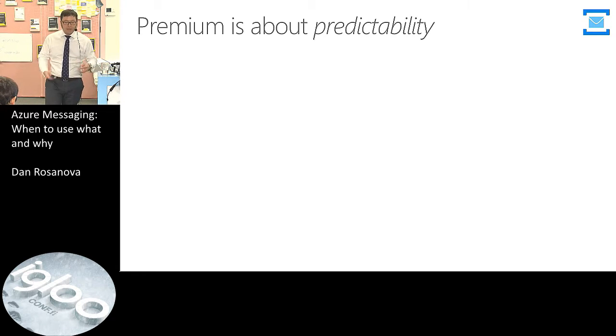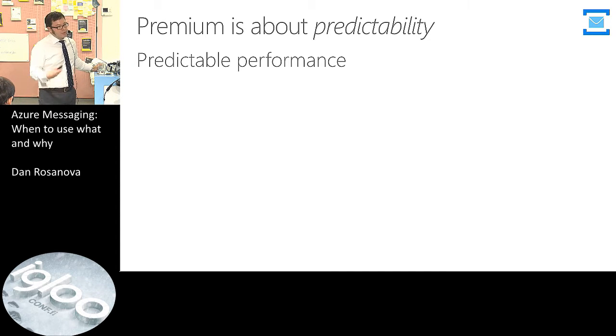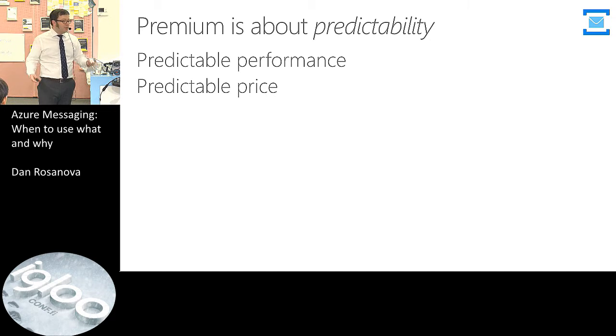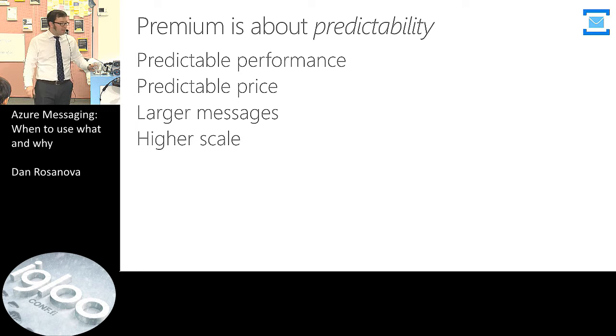And so we are doing as much as we can to support that with things like predictable performance, so resource isolation, predictable price, daily fixed pricing instead of variable pricing. So we know that predictability in price is also important to enterprise customers. They want to know what something's going to cost 2 years from now. Larger messages and, of course, higher scale, because premium can also do that.